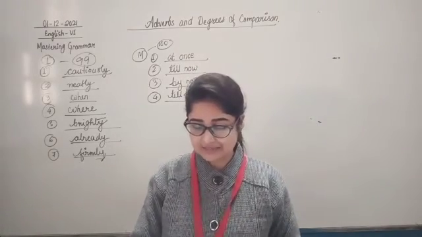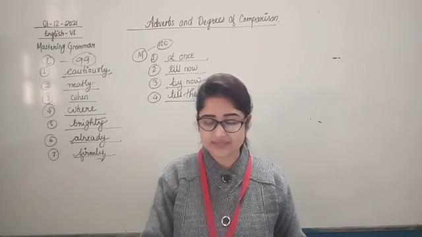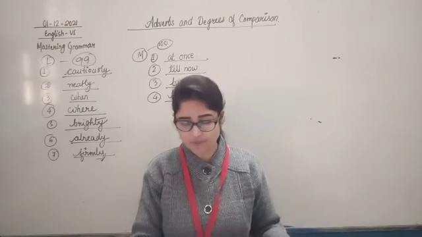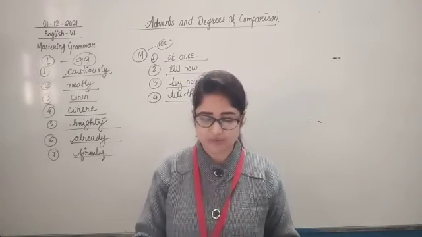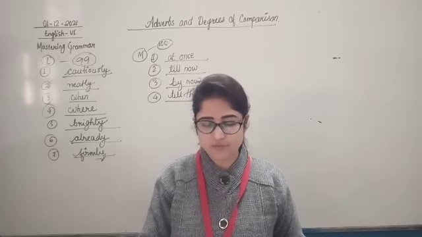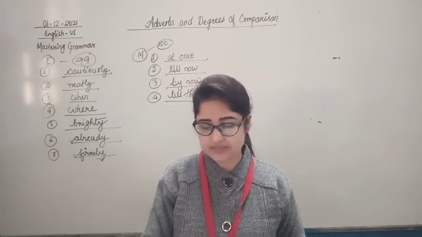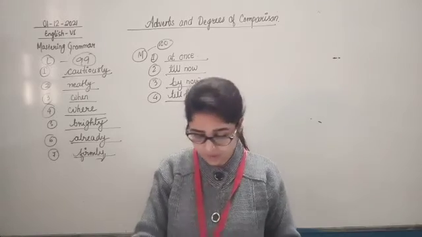Yes, and then we have this frequency. It indicates how often an action takes place and answers the question how often. Interrogative adverbs are used for asking questions like when, how, where, why, how many, how much, how often, how long.